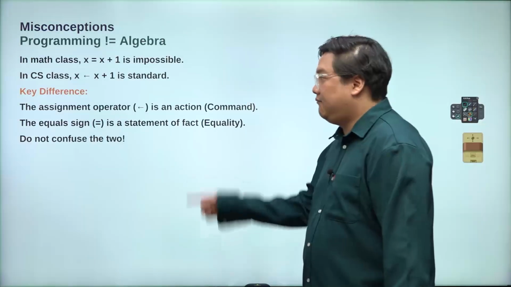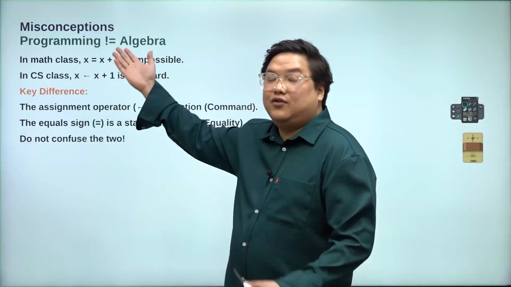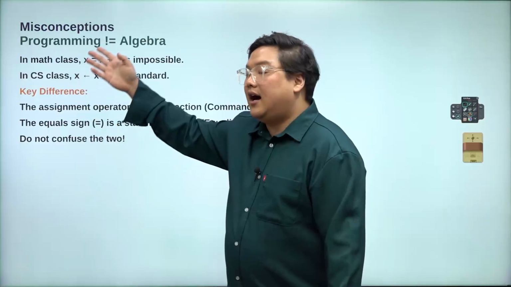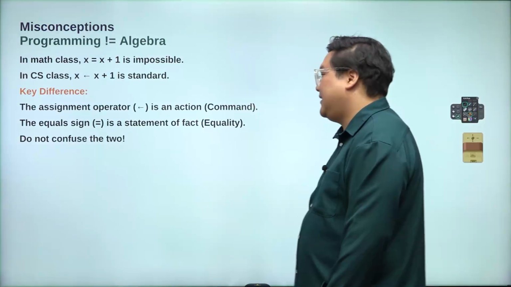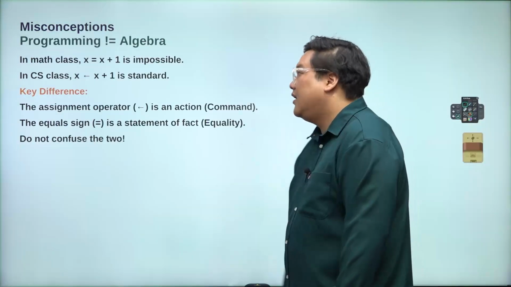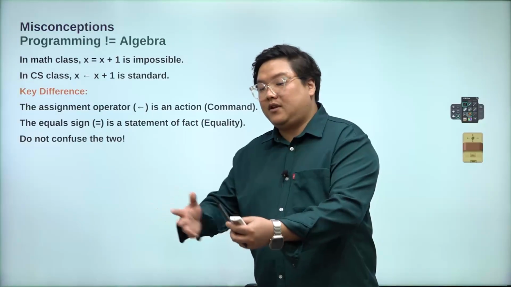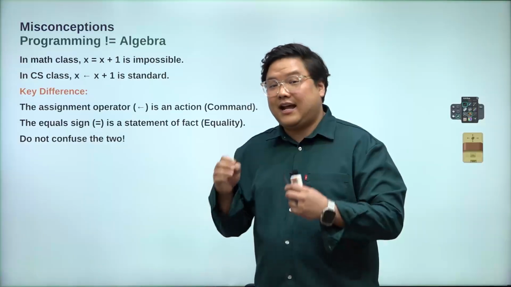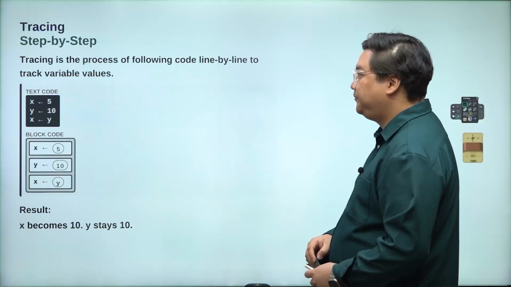So it's impossible, but in computer science, that is okay, because it's not comparison, it's an assignment operator. The assignment operator is an action. The equal sign is a statement of fact, so equality. So do not confuse the two, especially in Python or Java. When we're using the single equal sign, remember that that's the assignment operator.